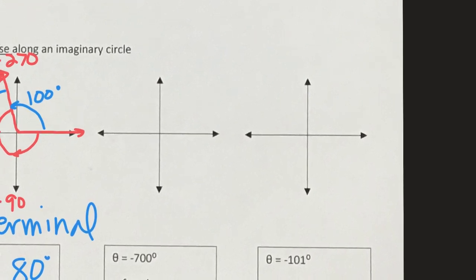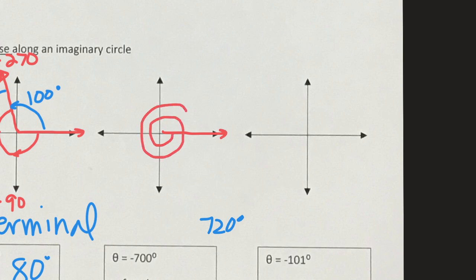A negative 700. I believe we said 720 was 2 complete revolutions. So our negative 700 degrees is going to be slightly less than 2 full times around. Something like that. Okay, so make sure you have 2 parts.